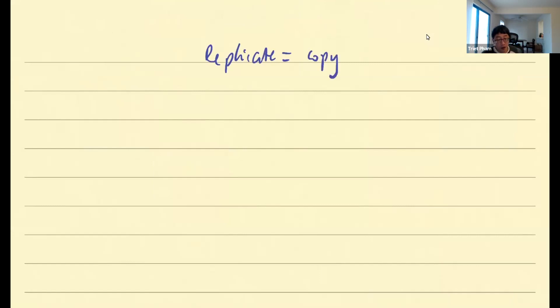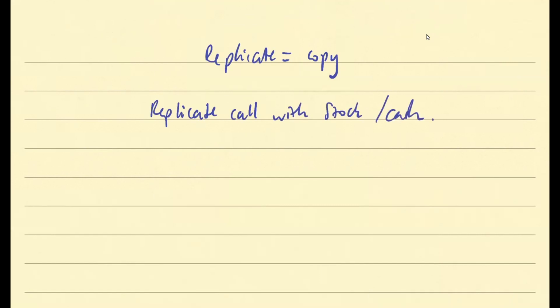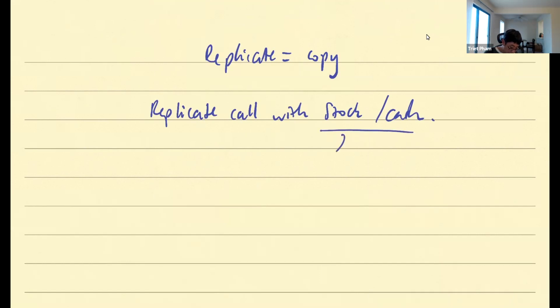So when you do it with Professor Larson, I think what you're doing is you replicate a call option with stock and cash. And from the stock and cash, you pull it back to time 0, and then project it to time t.